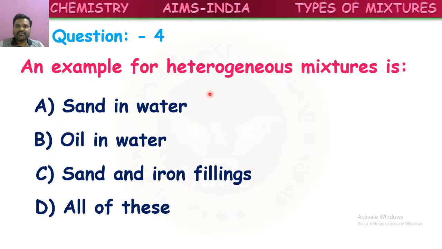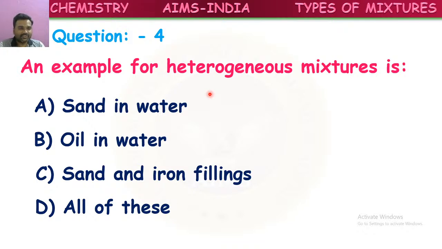The mixture in which the components are not mixed uniformly, or to simply say, the mixture in which components are having visible boundaries, in which we can see the components with our visibility. We can say what kind of components are present in the mixture. Such kind of mixtures are called heterogeneous mixtures.